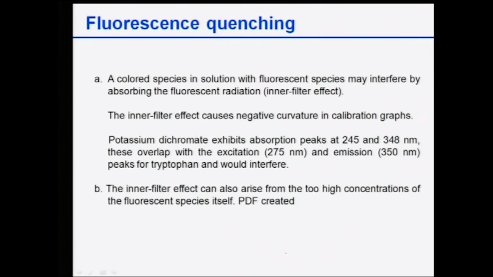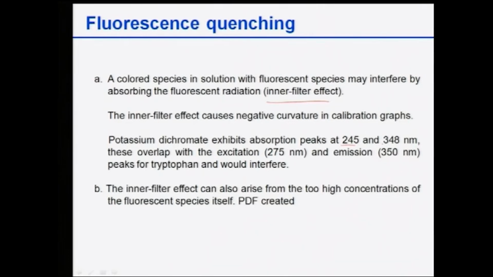A colored species in the solution with the fluorescent species can interfere by absorbing the fluorescent radiation, which I have discussed. Potassium dichromate exhibits absorption peaks at about 245 and 348 nanometers. This can overlap with the excitation and emission peaks of tryptophan and would therefore interfere. That can also lead to quenching.